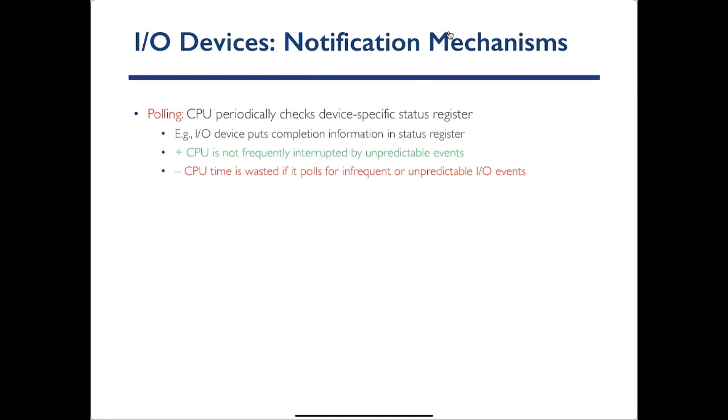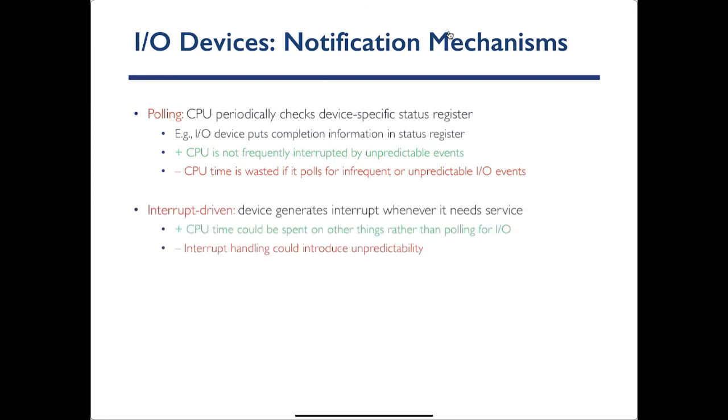Basically, the CPU is responsible to check and see if the IO is ready or if the IO has finished the job that it was supposed to do. The plus side of this is that you are avoiding being interrupted. But the downside is you're wasting CPU cycles.